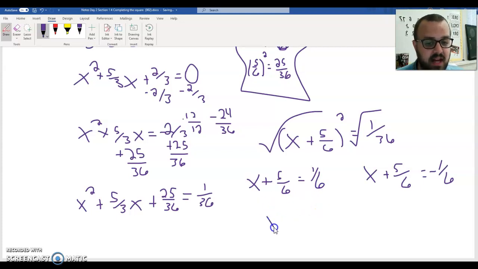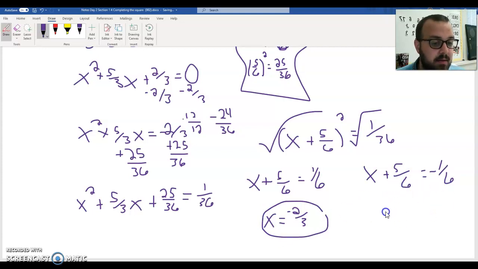Subtract 5/6 from both sides, I'm going to get x equals negative 4/6, aka negative 2/3. And then over here, I'll subtract 5/6 from both sides again, and I'm going to get that x equals negative 1. Negative 6/6, which is negative 1. Okay, and then I can write out the coordinates and everything.